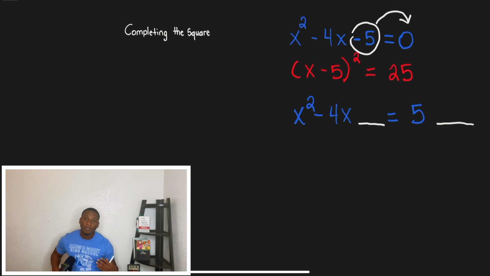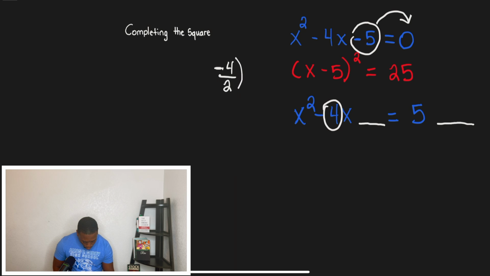So for us to figure out what that term is that we're adding, we're going to look at our x term, right? We're going to focus on the coefficient, which is -4. So when we're completing the square, we always take that middle term, that x term, and we divide it by 2. And then once we divide by 2, we're going to square that answer.